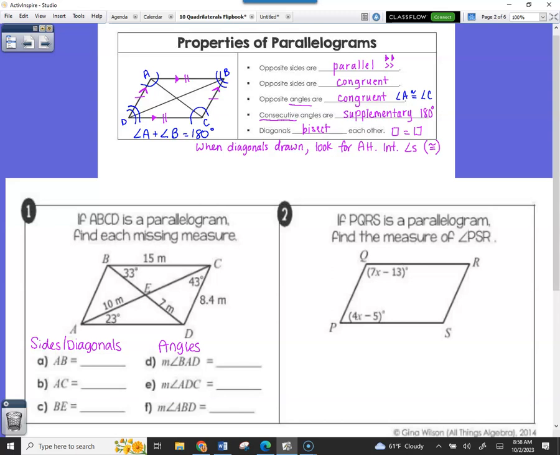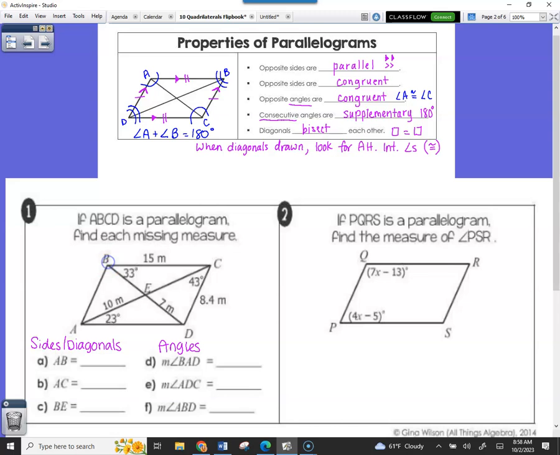Now you need to start training yourself to know that if I'm just saying 2 letters, I'm referring to a segment, a linear segment. If I have an M angle measure and 3 letters, I'm talking about an angle. Okay, so let's look at the picture. There's a lot of information here. Y'all with me?